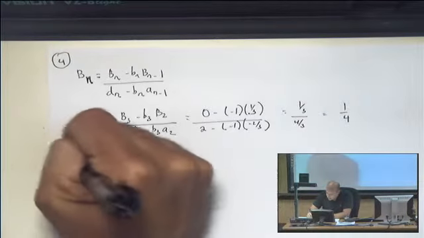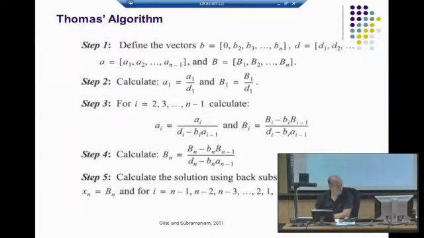And step 5 is calculate the solution using back substitution. So xn is equal to Bn, and then for i equal to n minus 1 down to 1, xi is given by that formula.